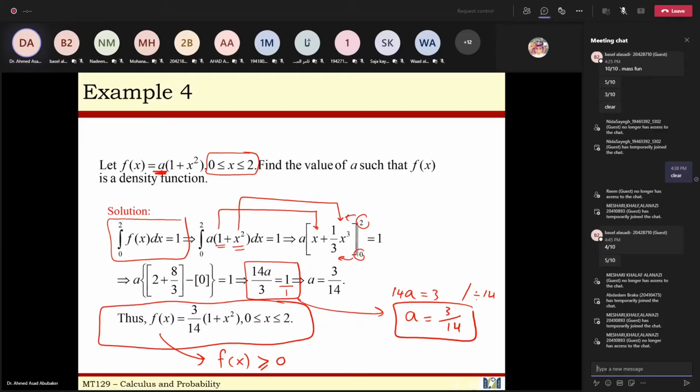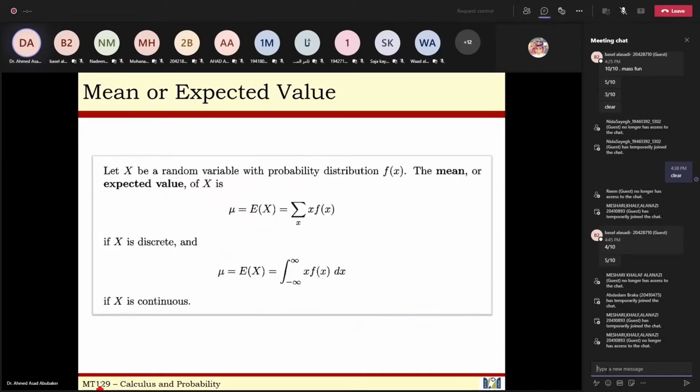Now go to the mean, or expected value. The mean is mu, and the expected value is E of X. This is the same meaning, the same value.